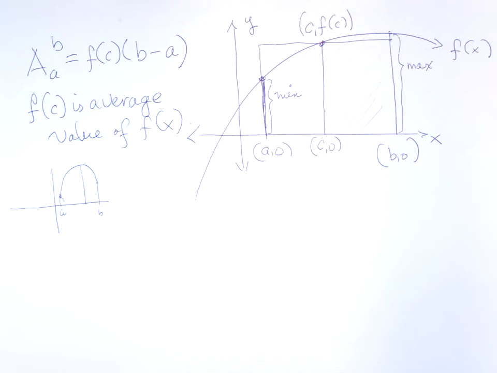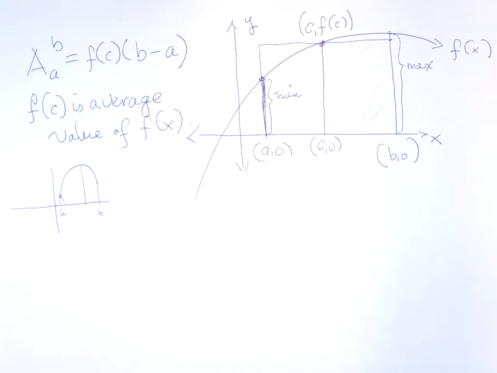If you've got a continuous function on a closed interval, that is, it includes the endpoints, it's guaranteed to have a minimum and a maximum. Either at critical values, first derivative equal to 0, or at endpoints. That's Calc 1 stuff.